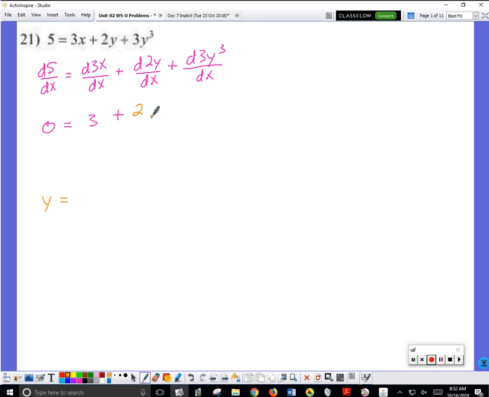So this becomes 2 multiplied by dy over dx. That's what's new today. Question. We're not using the rule differently. We're using the rule exactly the same way. The only difference is instead of ending up with 3 multiplied by dx over dx, we get 2 multiplied by dy over dx. Question.